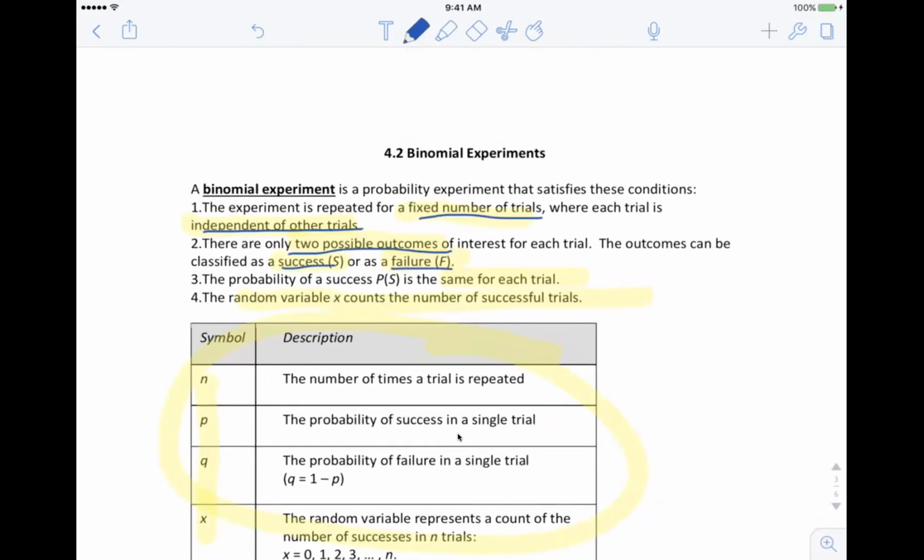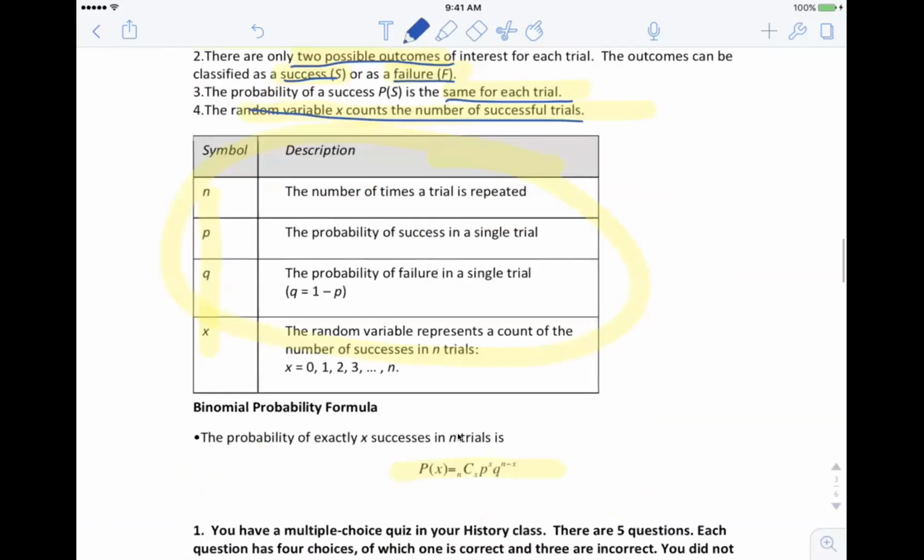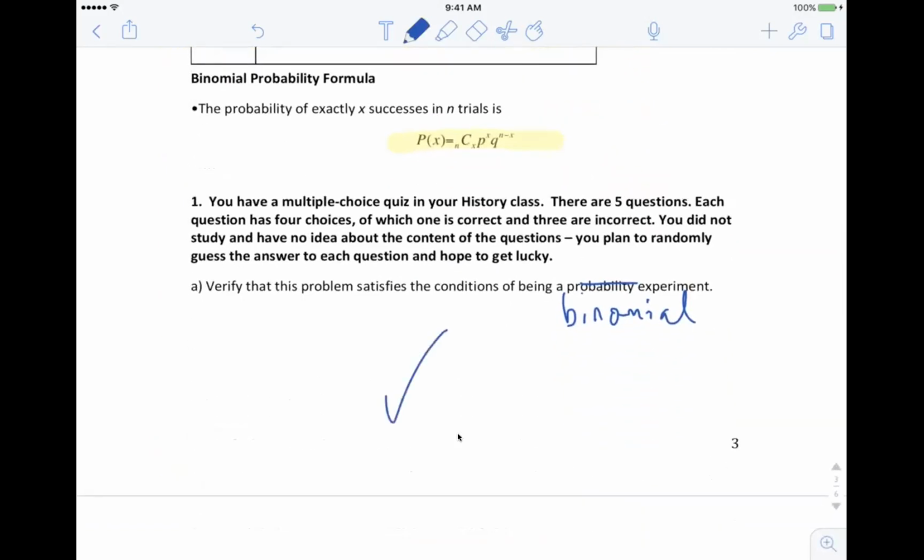Number 3, the probability of success is the same for each trial. That's true because each question has 4 choices and only 1 is right, so it's the same probability for each question. And then the random variable x is going to count the number of successful trials. How many questions are we going to get right on this quiz? So yes, it is satisfied. We did it verbally. The conditions are satisfied for a binomial experiment.